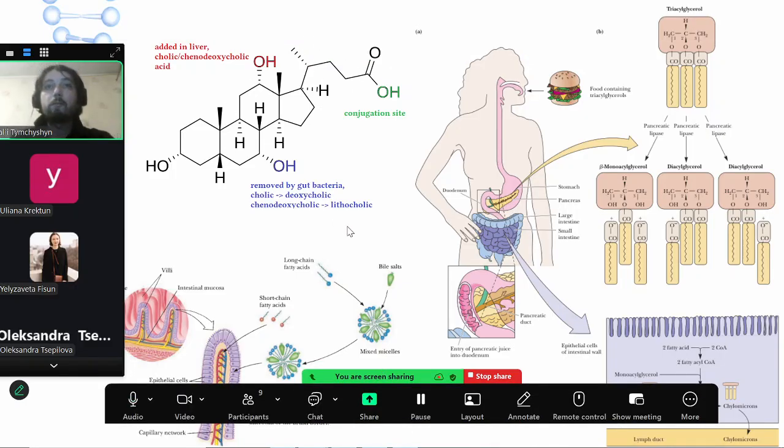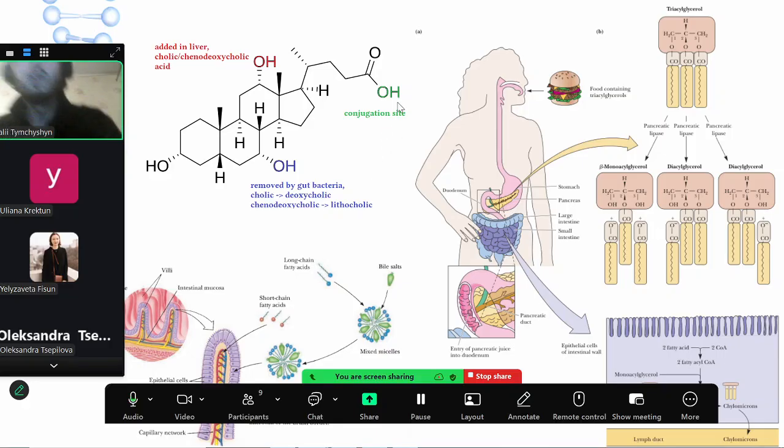Here is a little bit regarding that sort of bile salts. Here you see how that looks. So this part is added in the liver, and this OH group, then the other OH group may be removed by gut bacteria, and that transforms cholic acid into deoxycholic acid, or chenodeoxycholic acid into lithocholic acid.